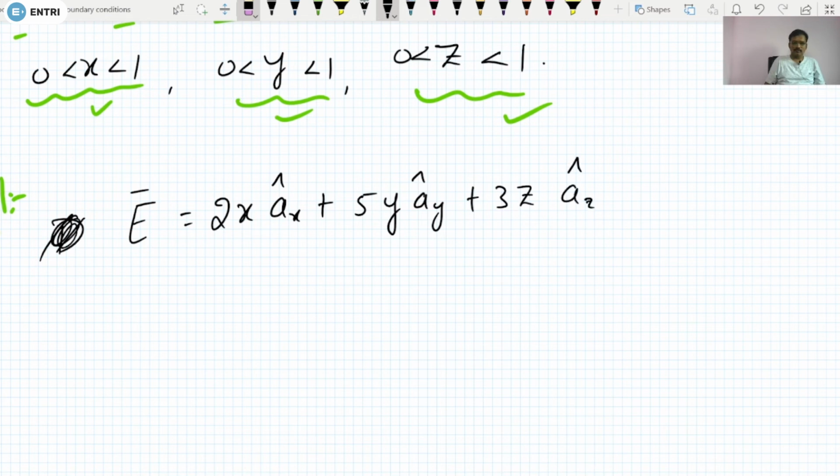You have to evaluate the triple integral of divergence of E bar dV. What I am doing here is first evaluating the divergence of E bar.